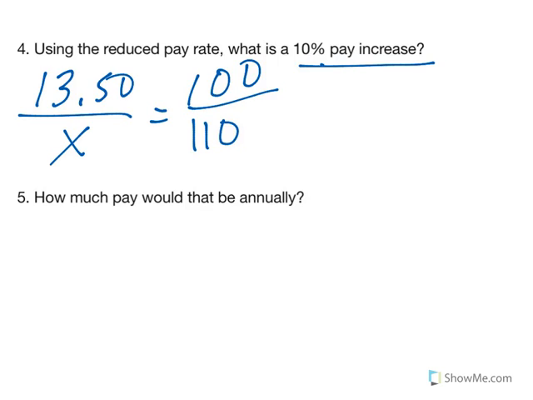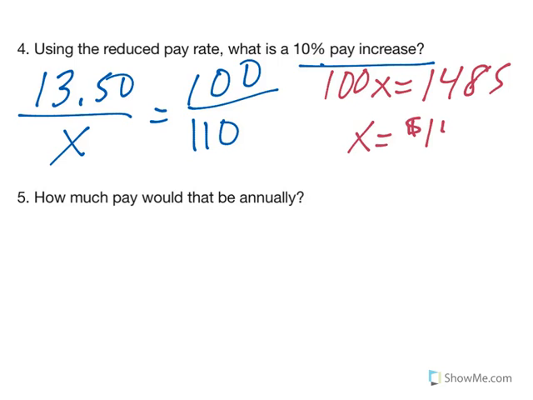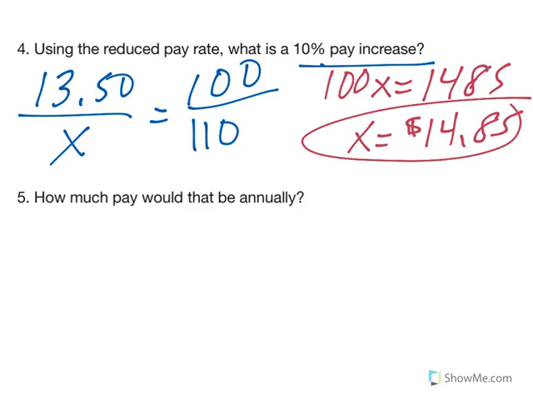So when I cross multiply, I get 100x equals 1,485. So when I divide both sides by 100, I get $14.85. And who sees the problem? I hope you all do. Before the pay cut, I was making $15 an hour, and after the pay cut and the increase, I'm only making $14.85. And you may say, well, that's only 15 cents an hour.